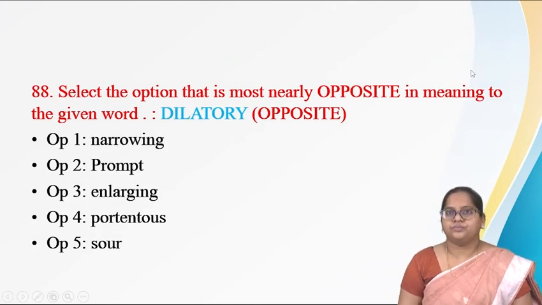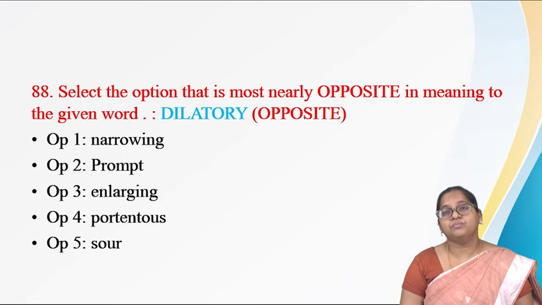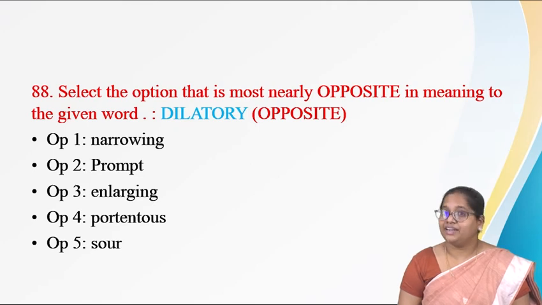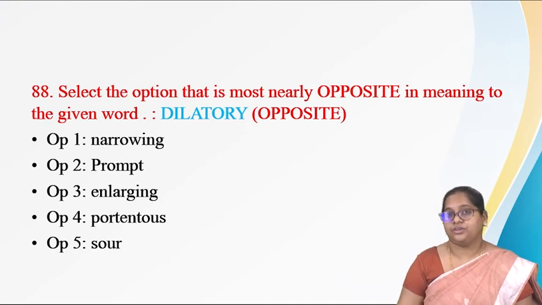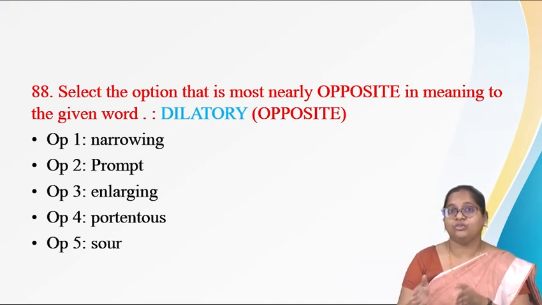Next, select the option that is most nearly opposite in meaning to the given word. So now, what is the word? Again, another antonym. Dilatory. What is the meaning of this word? Option 1, narrowing down.